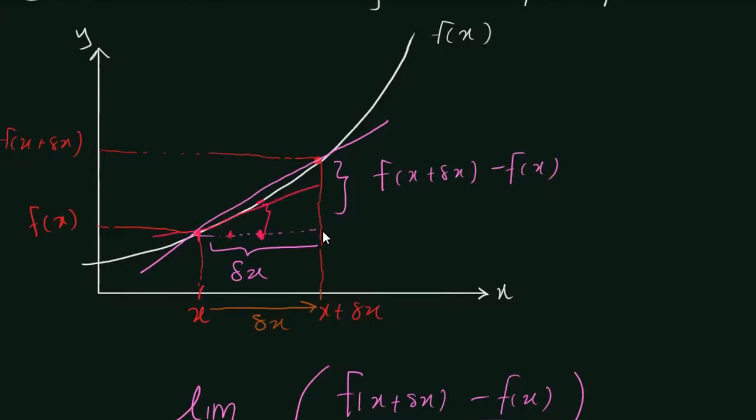If you keep on decreasing delta x, it is going to go exactly onto this point. I will clearly show that.